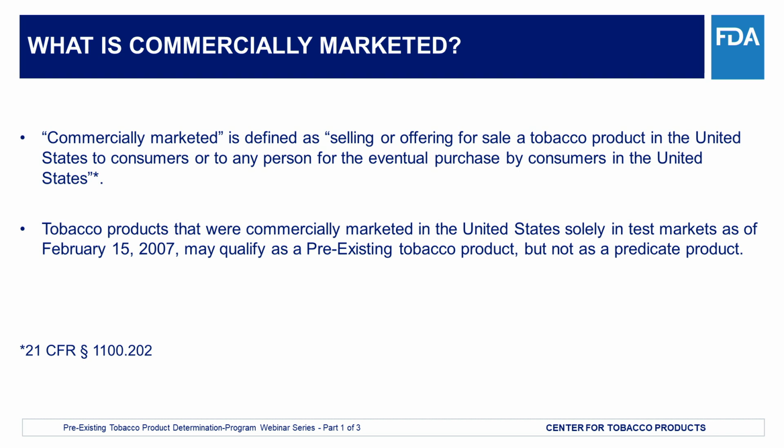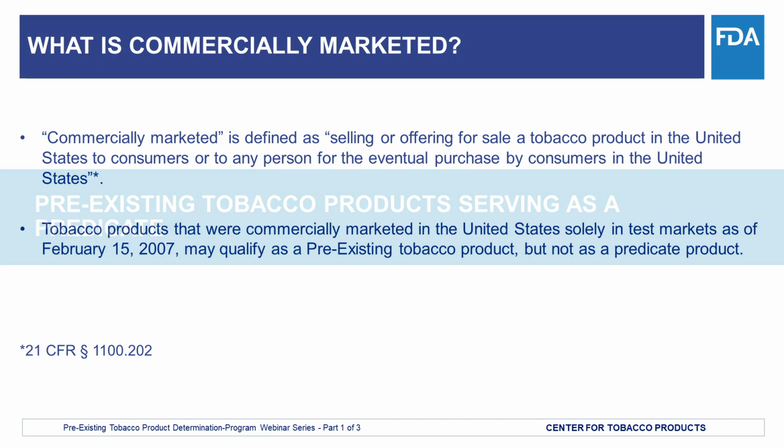However, as will be explained later in this presentation, if the pre-existing product was solely in test markets as of February 15, 2007, it cannot serve as a predicate tobacco product in a substantial equivalence report.